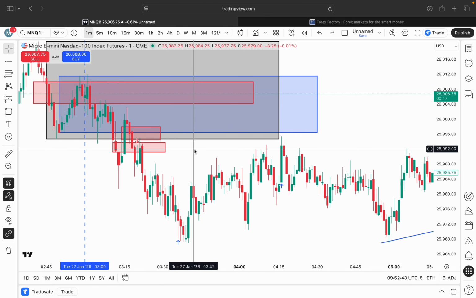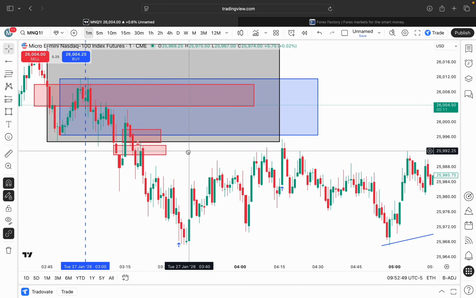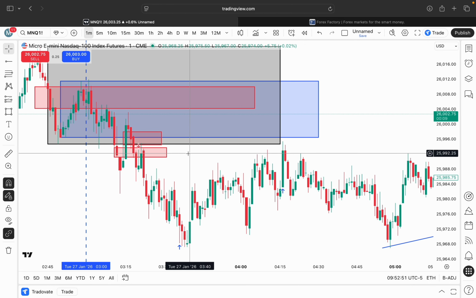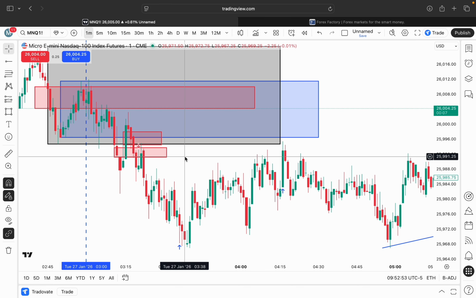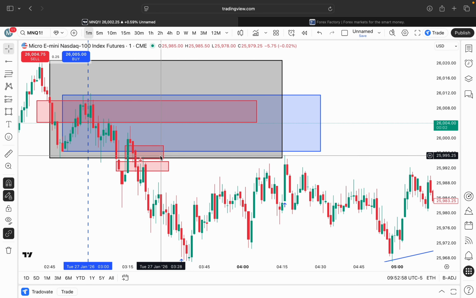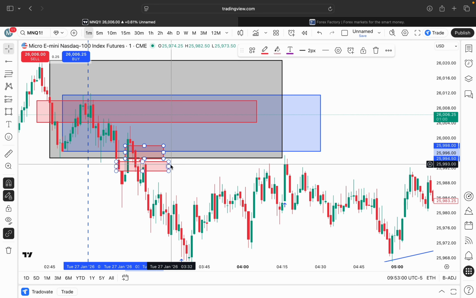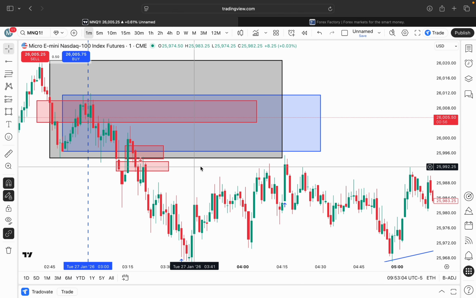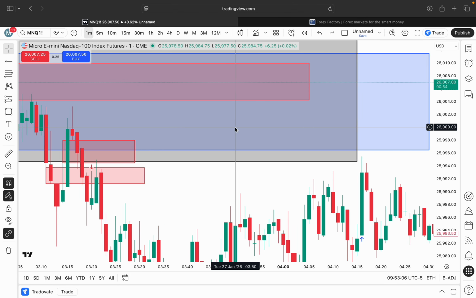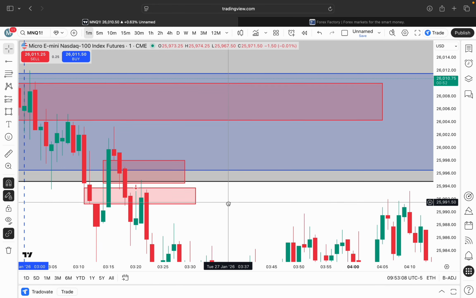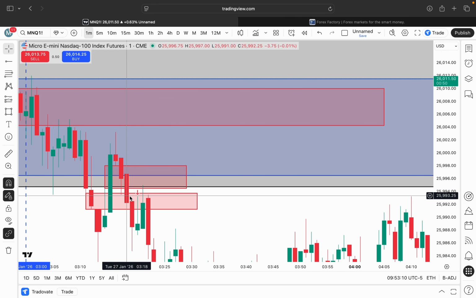So what we saw right here, if I can just pull that up, yes, we saw a fair value gap that was not on our favored side. So what did we need price to do? We needed to disrespect this one and revisit it, basically creating an inverse fair value gap.